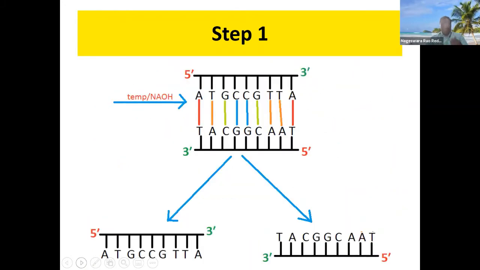So we use either temperature or an alkali, that is NaOH, sodium hydroxide. When we subject it to this, we can see there are two different strands obtained.